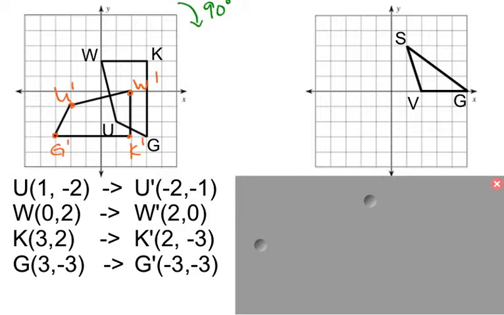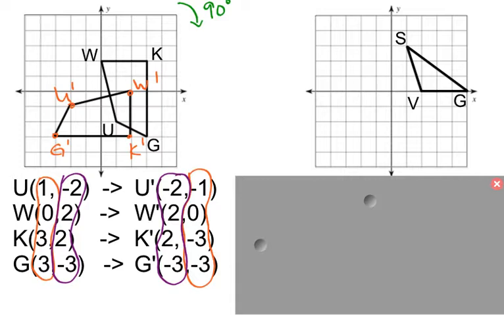It looks like all of these x values, 1, 0, 3, and 3, move into the y position, but they also change signs. And all of these y values, negative 2, 2, 2, and negative 3, move into the x position exactly.